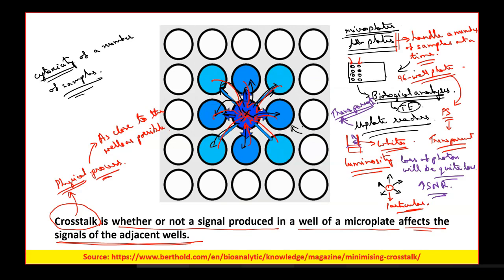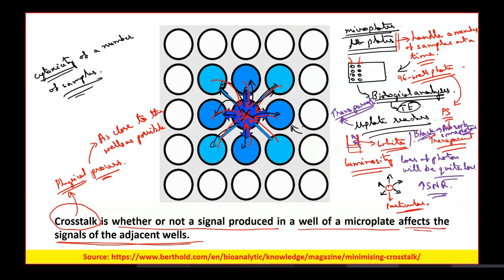And secondly, if you paint it with black, the black coating will absorb some photons, right? Am I clear?